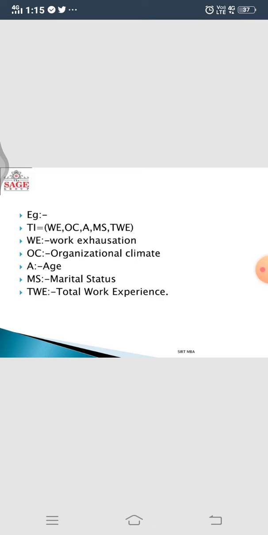An example can be turnover intention, meaning why people like to change their job, which is related to work exhaustion. Turnover intention is a function of work exhaustion, then organization climate, then age, then marital status, then total work experience.